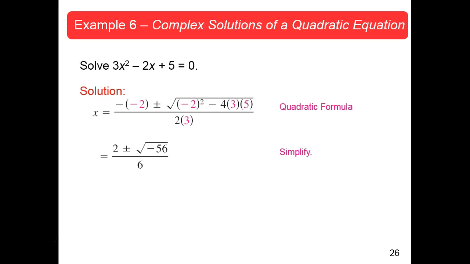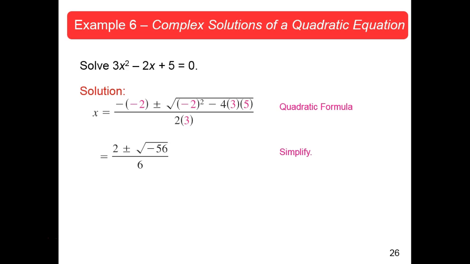Now, what you do here, if you remember back to radical expressions, always pull out a perfect square. Do you see any perfect squares in here? Negative 56. 4 times 14, I believe it is. 4 times 14. 14 doesn't have any perfect squares in it, so you can pull out a 2.